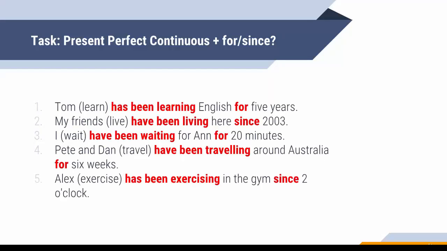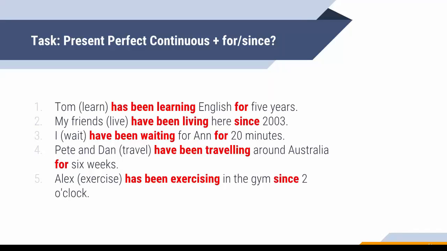So let's get started. Tom has been learning English for 5 years. Period. My friends have been living here since 2003. Moment. I have been waiting for Anne for 20 minutes. Period.